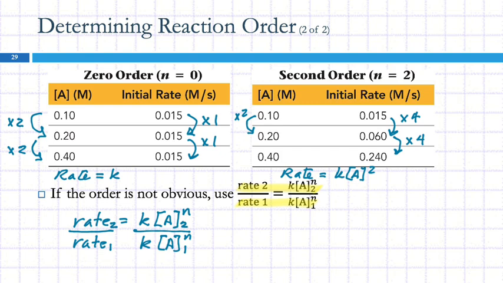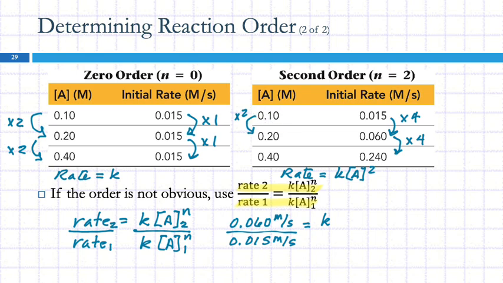So let's look at how we could use that to determine the second order rate here. Well, this is the second row, so we'll use that as 2. So rate 2 is 0.060 molarity per second, divided by the first rate, 0.015 molarity per second. And that's going to equal the rate constant times the concentration.